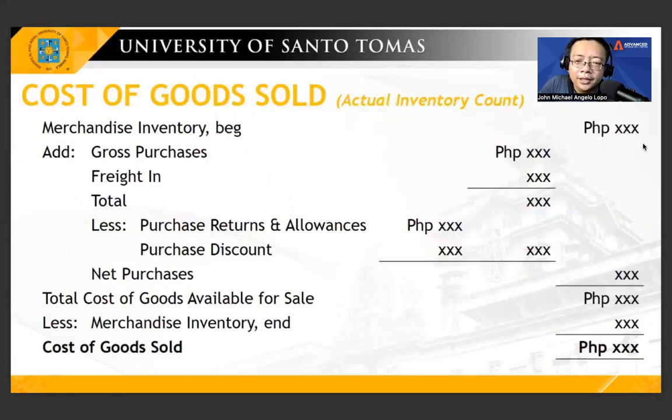Ang tawag dito, class, sa beginning inventory plus net purchase ay total cost of goods available for sale. After that one, ima-minus mo na yung ending inventory para makuha mo na yung cost of goods sold. Okay? So, very familiar or first time ba? Okay.